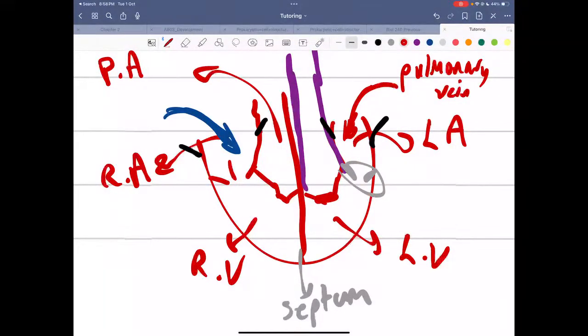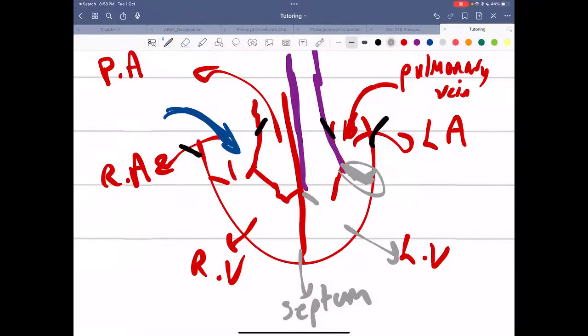That's in atrial systole. Then the pressure in the left ventricle will be higher than the pressure in the atria. So what will happen? The atrioventricular valve will close while the semilunar valve now will open. Okay?